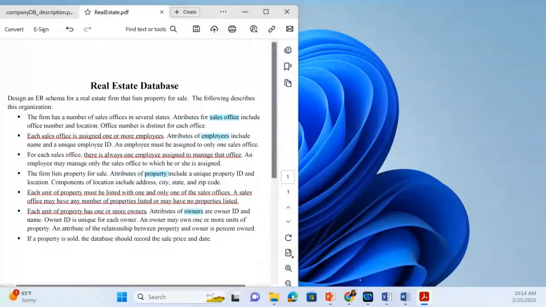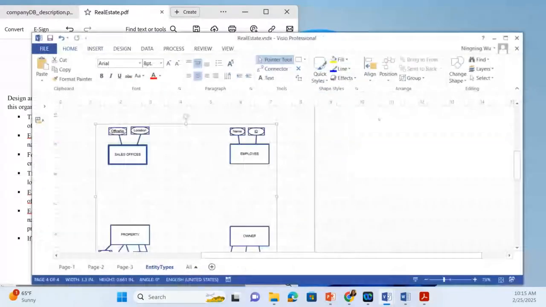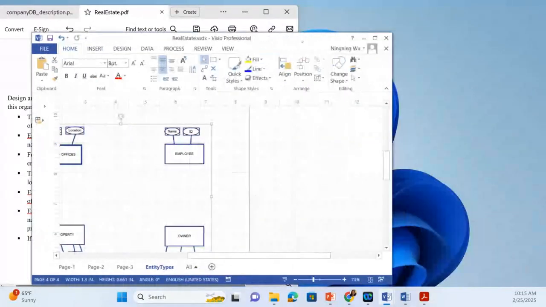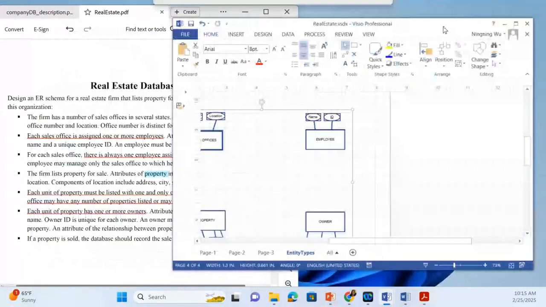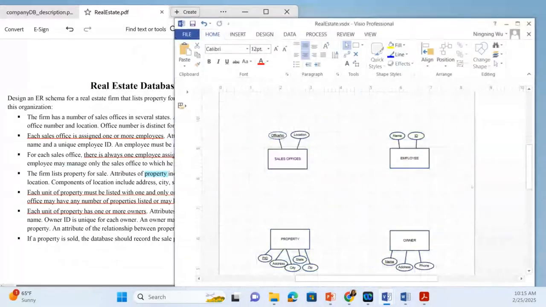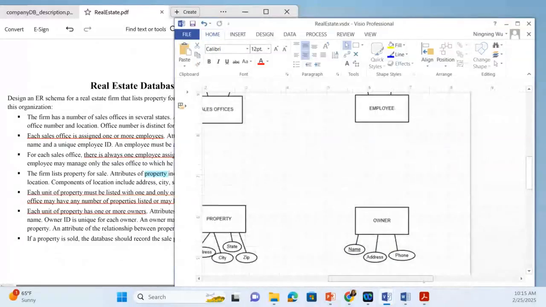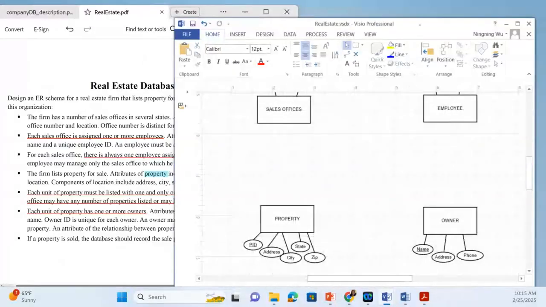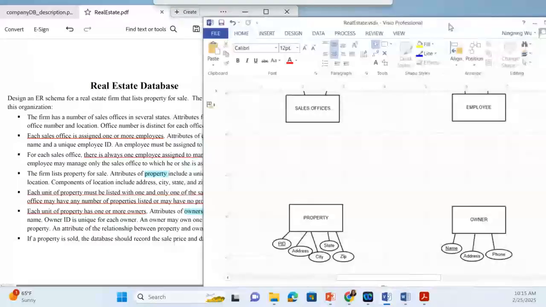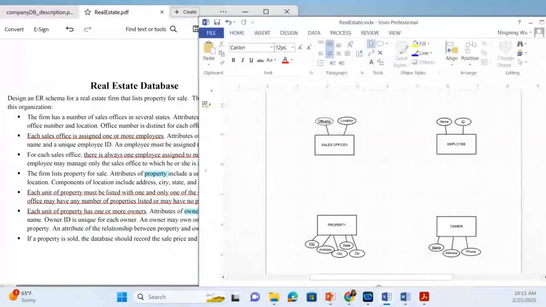Then let me bring up my visual so that I'm able to draw the diagram more easily. So this is pretty much the initial entity tabs we identified.